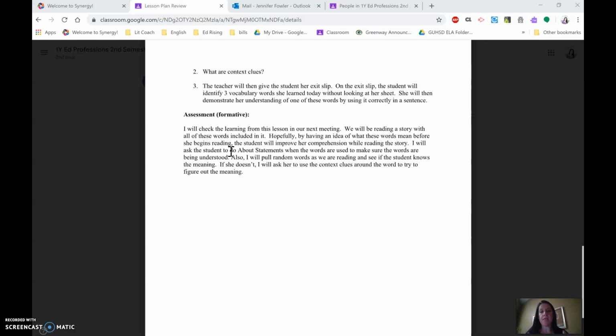This assessment may not happen in that one class period or that 1 or 2 class periods in the lesson. You might have a lot of little lessons leading up to an assessment, and so that may take place a little bit later. If it's going to take place later, note that in your lesson plan.